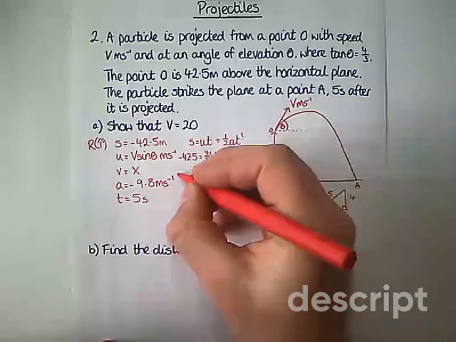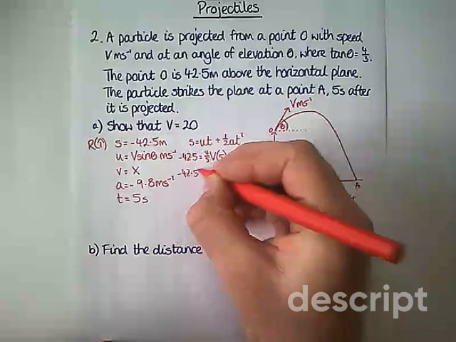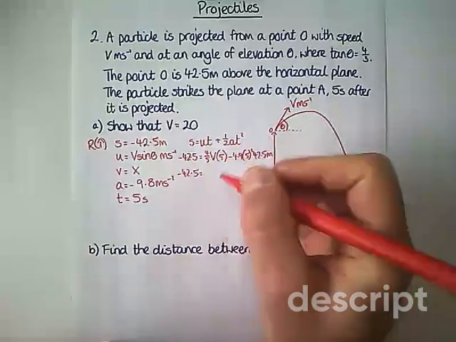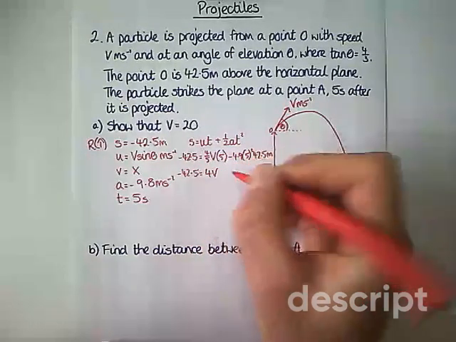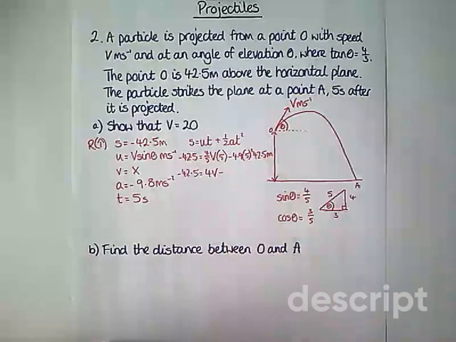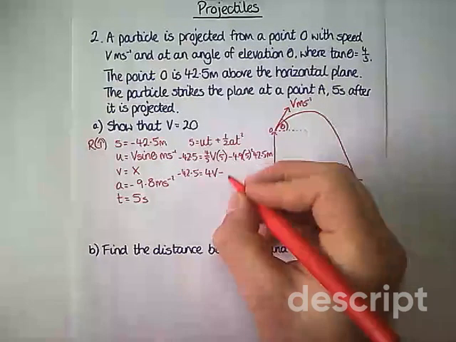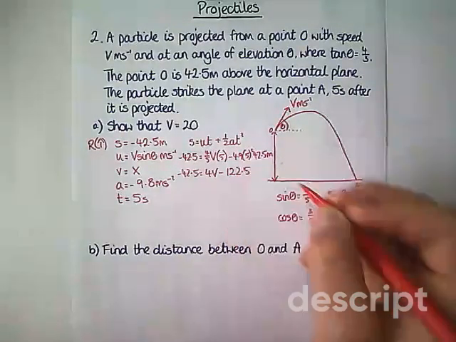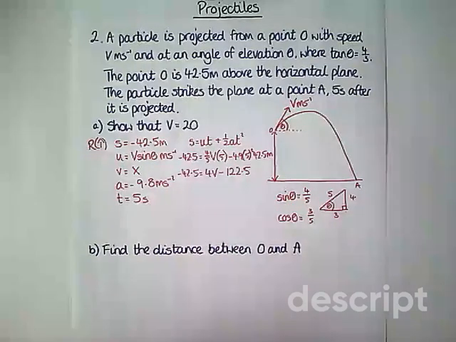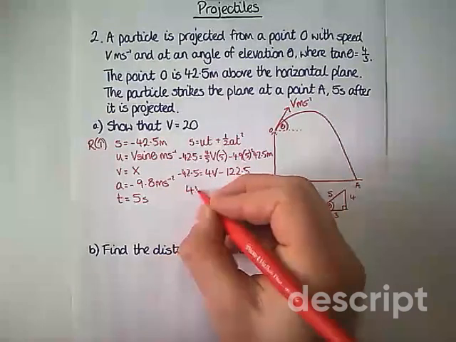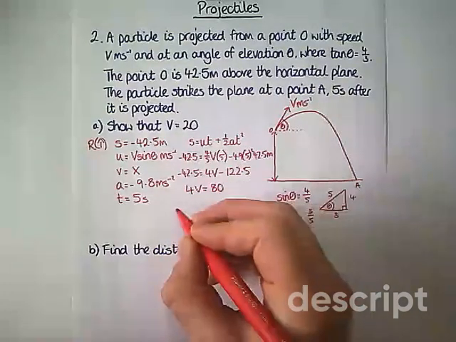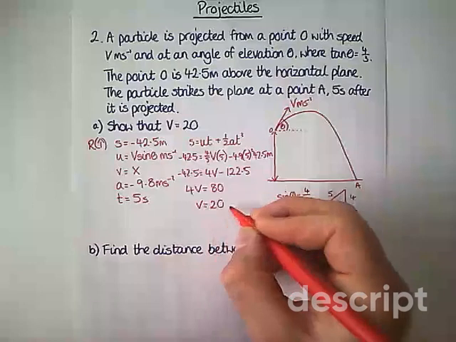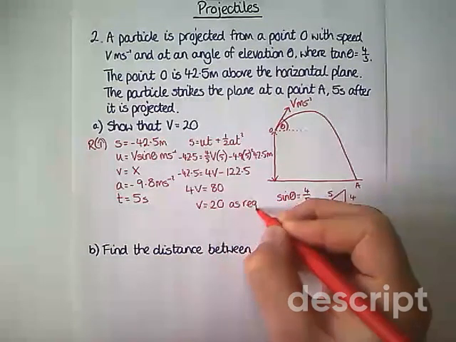So minus 42.5 equals 4/5 times 5 is 4, so 4v minus 4.9 times 5 squared, which is 122.5. Let's add that to the other side. So we get 4v equals 80, and therefore v equals 20 as required.